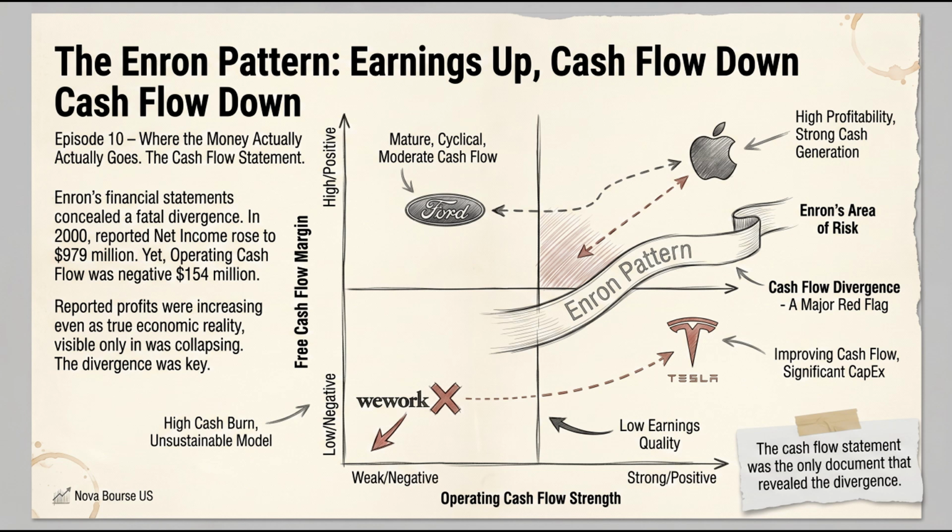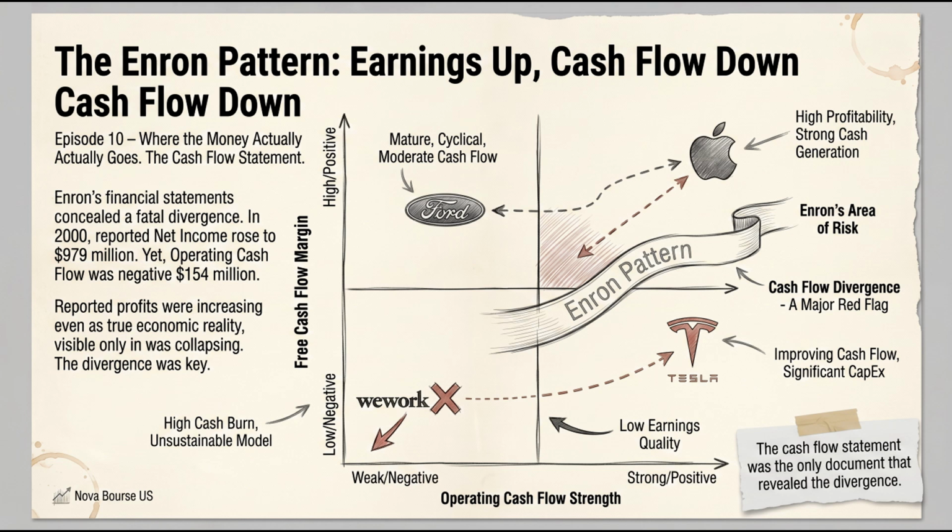Meanwhile, non-current assets ballooned from 45% to 81% of total assets. Enron used over 3,000 special-purpose entities to hide debt, such as the Chuco entity, which concealed over $600 million. The cash flow statement was the only document that truly revealed the massive divergence between their reported accounting profits and their actual economic reality.